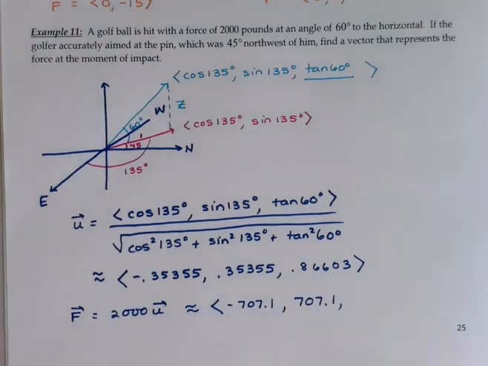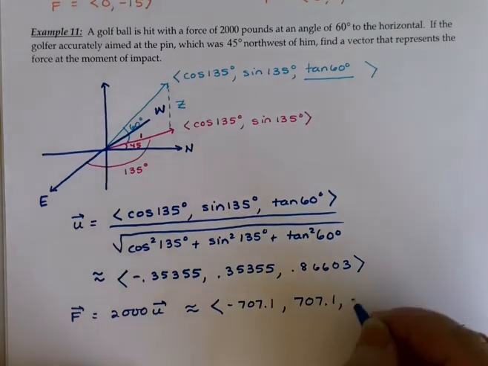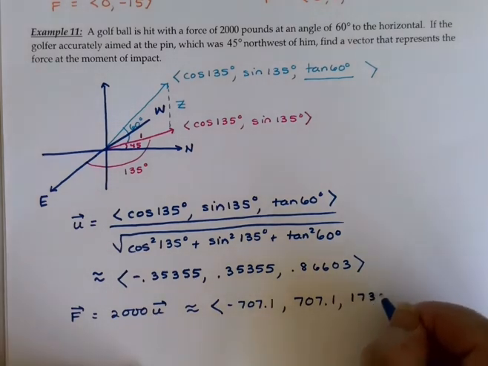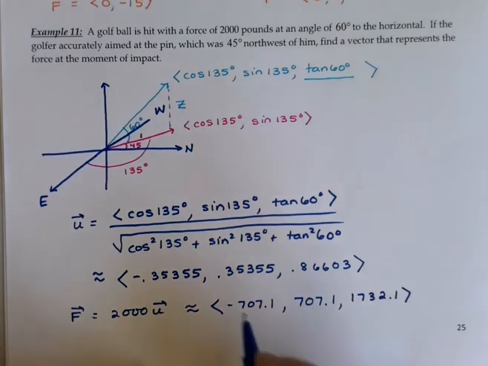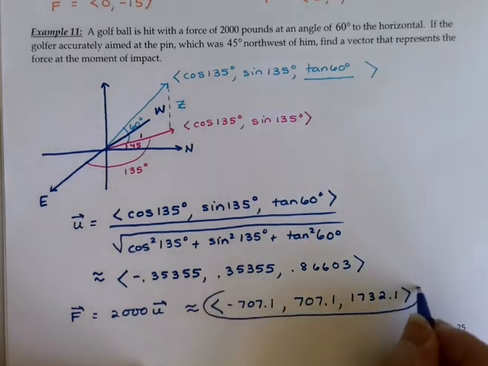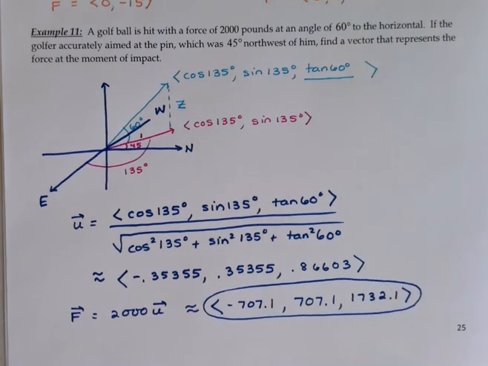And the last one, 1732.1. And that's the force vector at the moment of impact with the golf ball. All right, so we will pause there and come back for a few more examples in the next video.